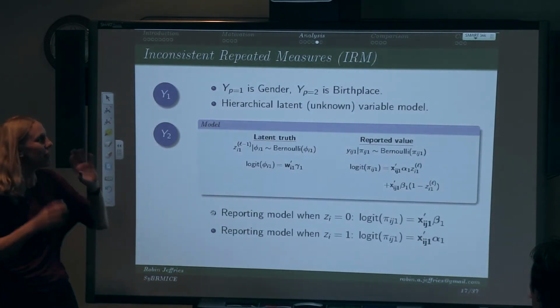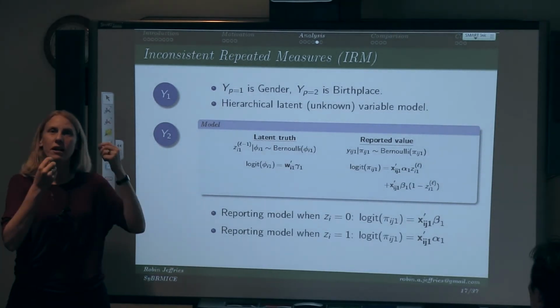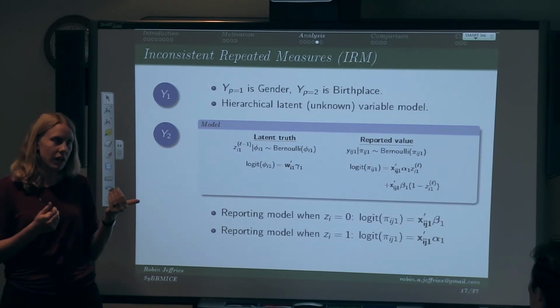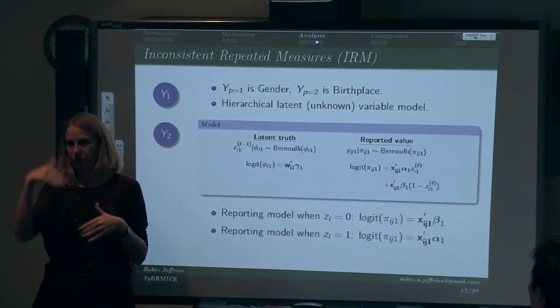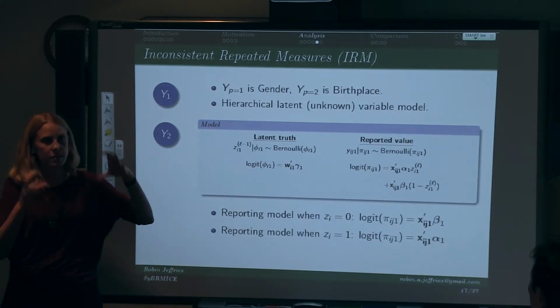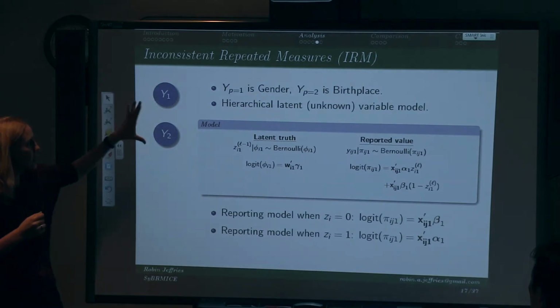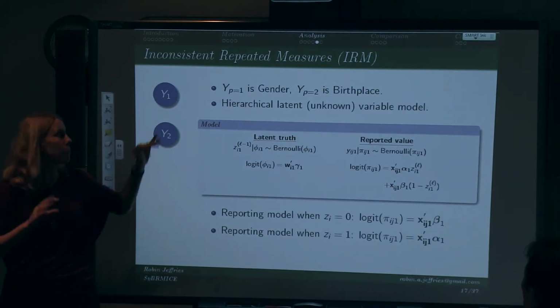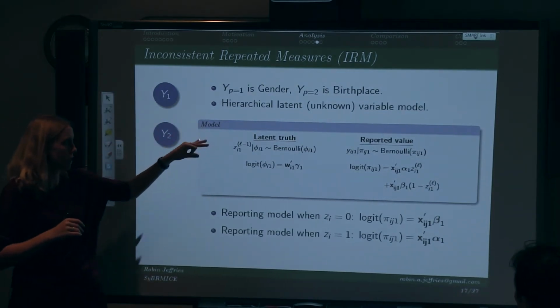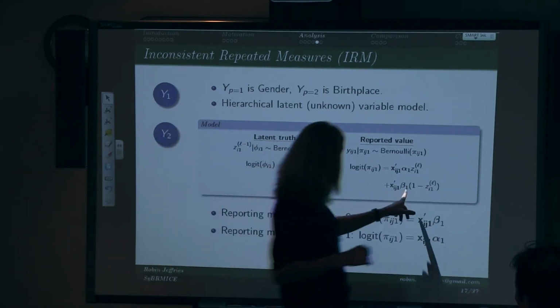Thank you. And it only works, so it's a little, I can't say arbitrary, but I have this order because of how it feeds into these models. It's because of the way the models that I've chosen. So for the inconsistent repeated measures model, it's a hierarchical latent variable model. So I have a model for the latent truth and a model for the reporting value.